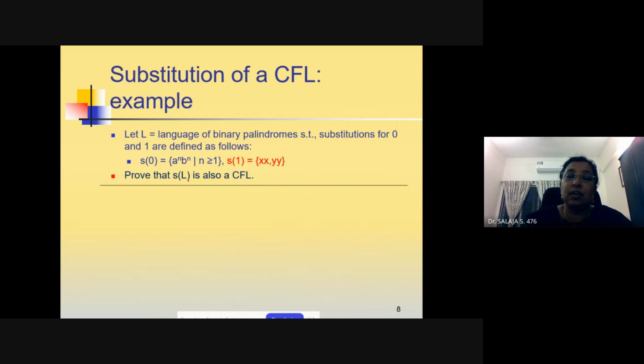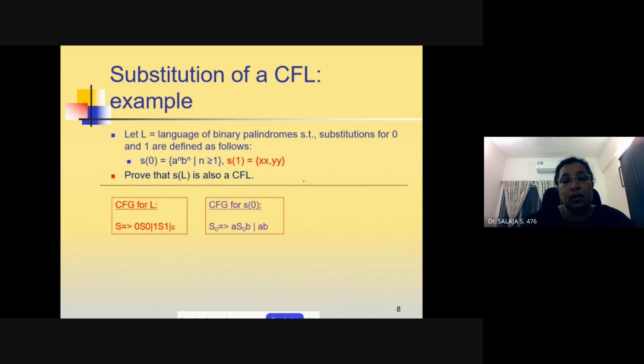Here it is S of 0, which is this one, and S of 1 is xxyy. So what happens for this particular thing? It is 0 to S0 and 1 to S1, with epsilon. This is the language which is given for n, which is 0 and 1.